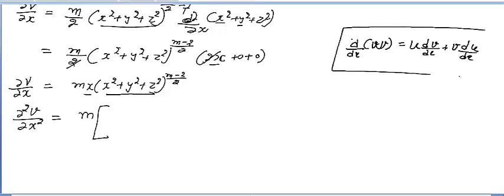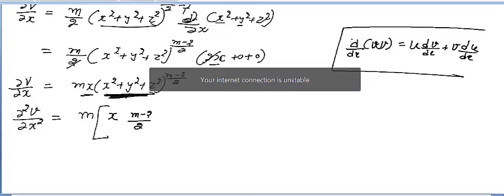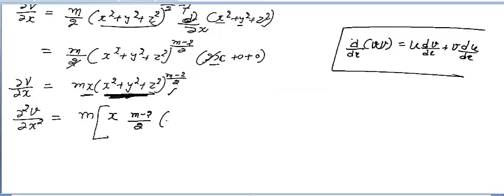I will consider x as u and this as v. So x is outside, and the derivative of this with respect to x will be m minus 2 by 2, here x square plus y square plus z square raised to power m minus 2 by 2 minus 1, and the derivative of this again.